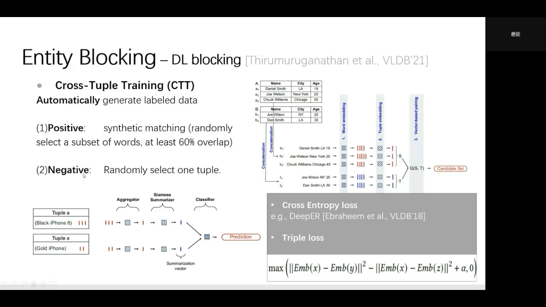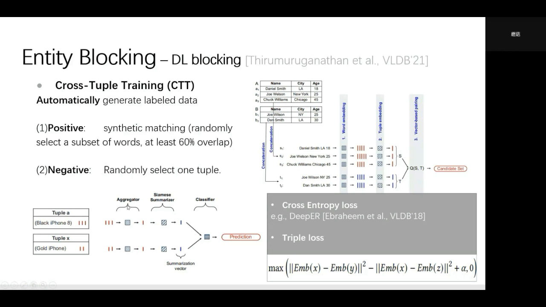For negative pairs, we randomly select one tuple from the dataset for a given tuple, and the tuple pair is considered a negative one. The model structure is similar to the Siamese network.